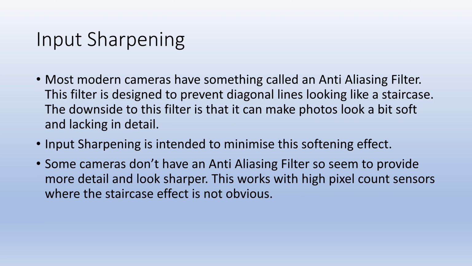No doubt there'll be other cameras from Canon coming along which remove it. But if you have a high megapixel count camera, and the manufacturer supplies it without an anti-aliasing filter, you won't notice that staircase effect simply because the pixels are smaller.